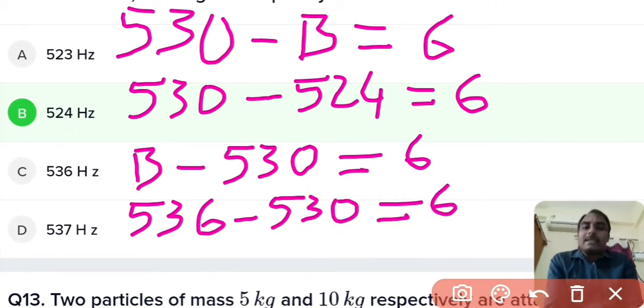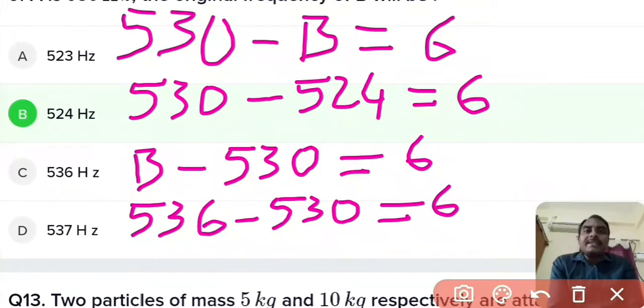So B should be 536 or B should be 524. To identify the correct answer, they have given the second case: tension in B is slightly decreased. When tension in B is decreased, the frequency of B decreases, but the beat frequency increased to 7. So the difference was 6, the difference should become 7, but the frequency of B will be decreased.